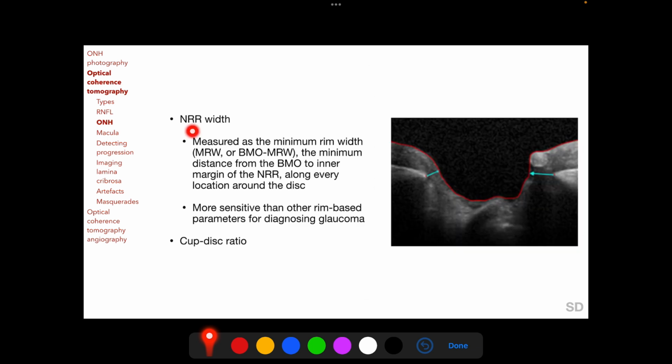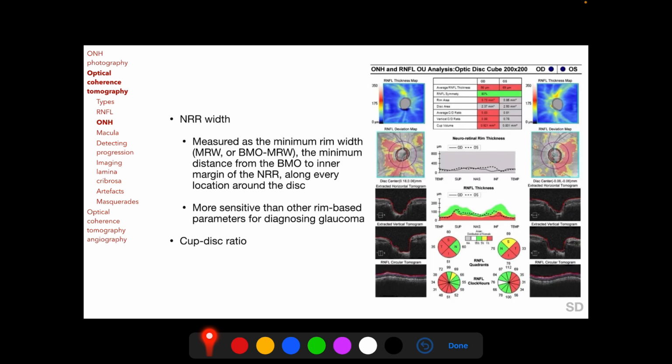And the neuroretinal rim width or thickness is measured as the minimum rim width or MRW or BMO-MRW, which measures the minimum distance from the Bruch's membrane opening to the inner margin of the neuroretinal rim along every location around the disc. And neuroretinal rim width or thickness is said to be more sensitive than other rim-based parameters for diagnosing glaucoma. And the cup disc ratio is also mentioned in the report as shown here.